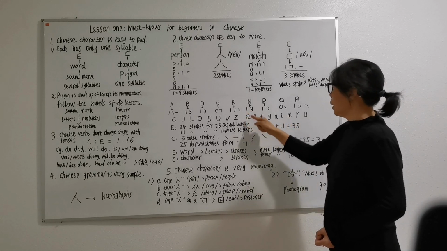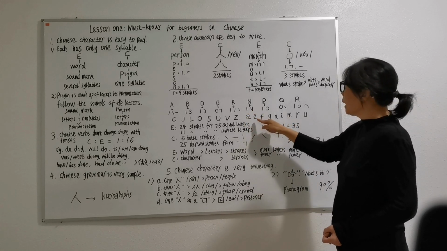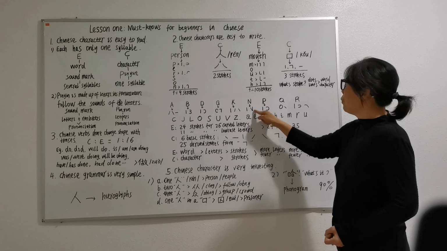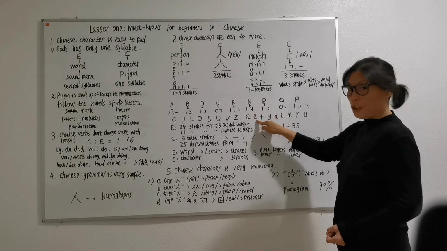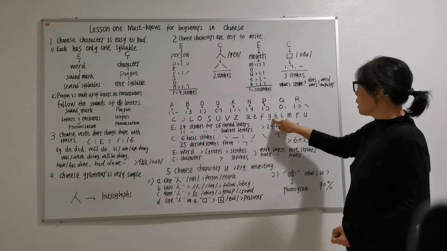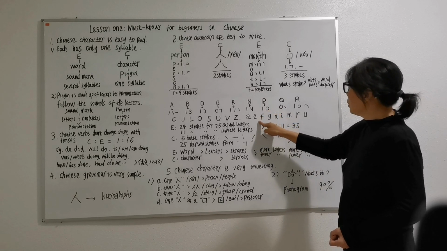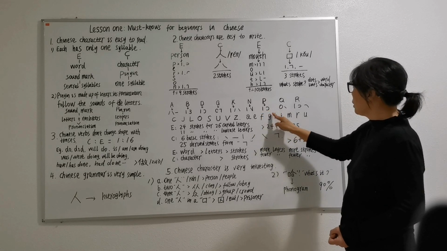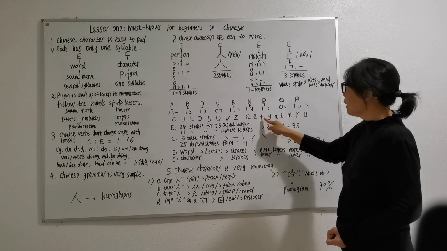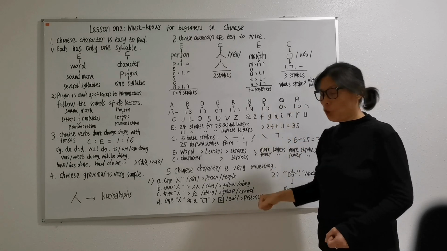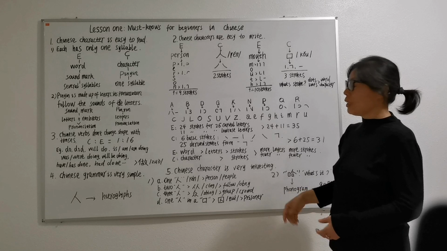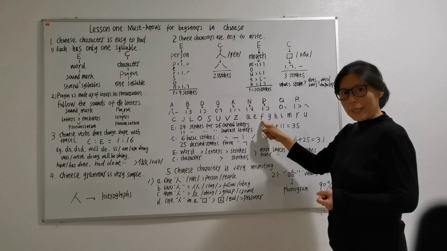A has 2 strokes. E itself is a very special stroke. And F, G, this first stroke and this bottom stroke, one is like a cane. The old ones, when they walk, they need help, they need a cane.